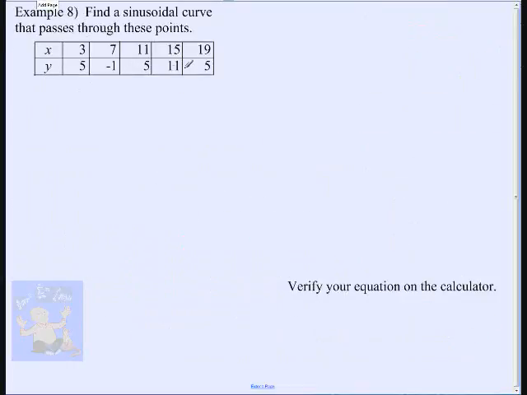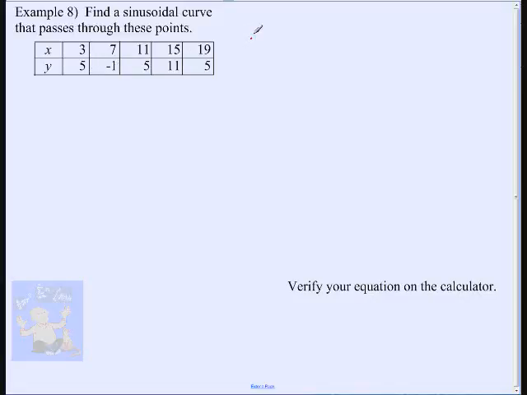Find a sinusoidal curve that passes through these points. Okay, I'm just going to look at how all these x's relate. This is 3 plus 4 is 7, plus 4 is 11, plus 4 is 15, plus 4 is 19. So, nice. Yeah, they're equidistant.